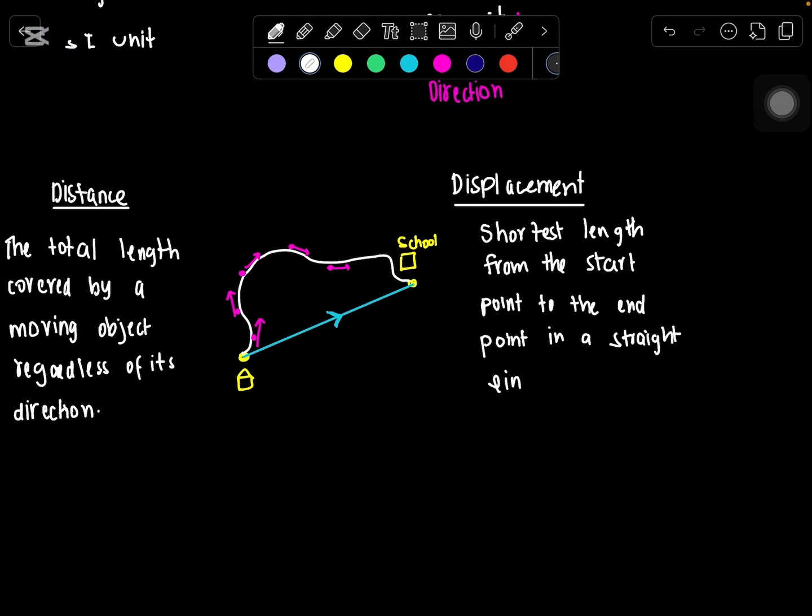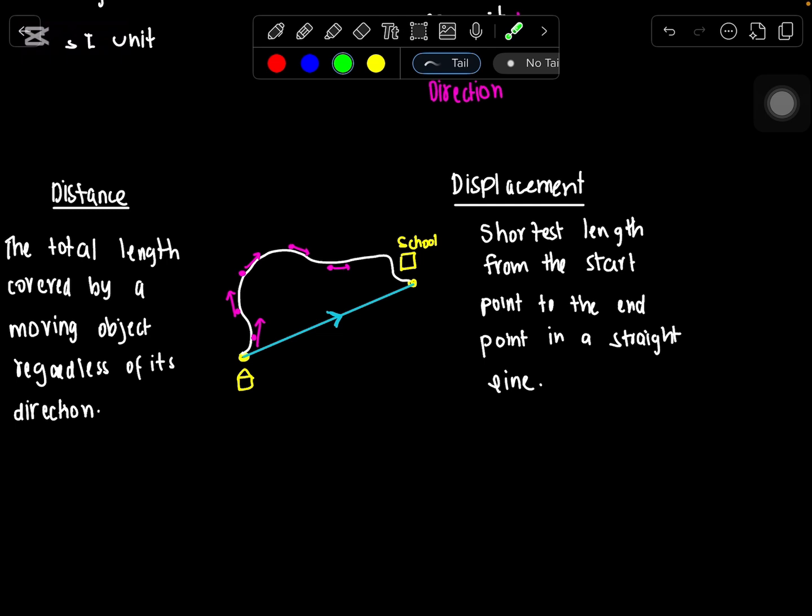Now, why is it a straight line? Because that is the way that firstly you'll be able to get the shortest length, and secondly, if it's in a straight line, only then can I give you a single direction. Okay?